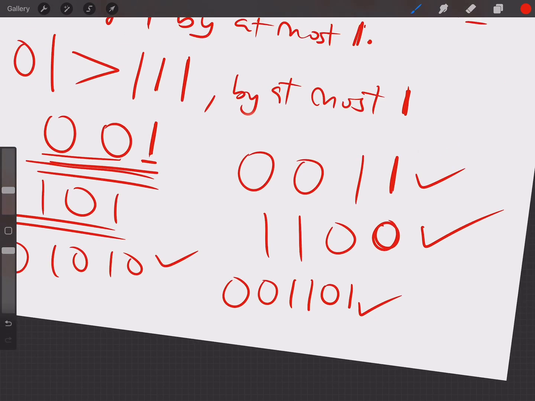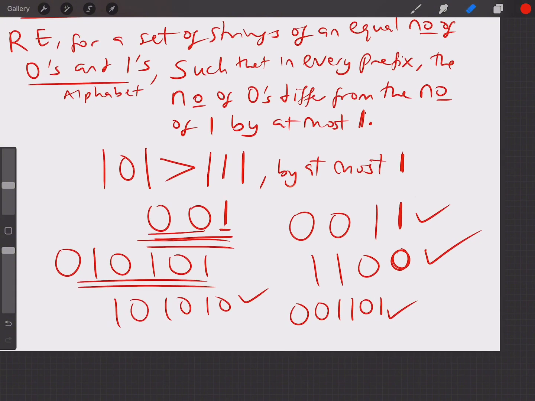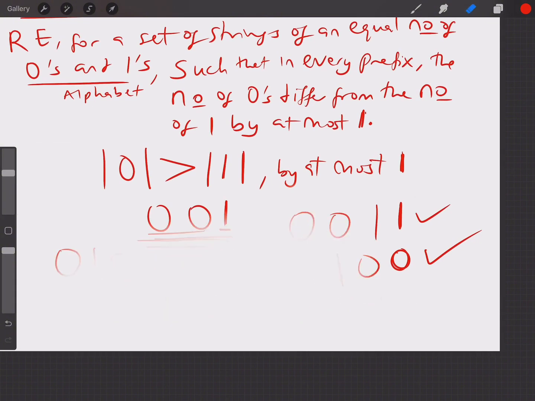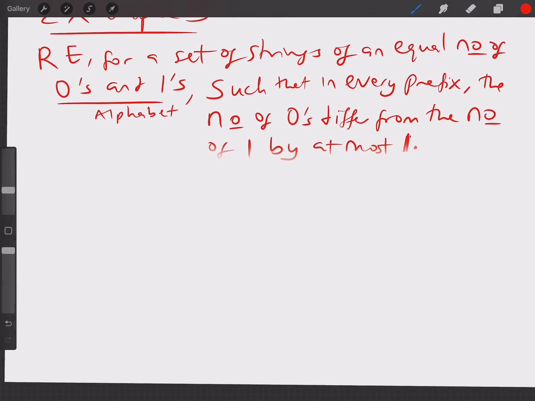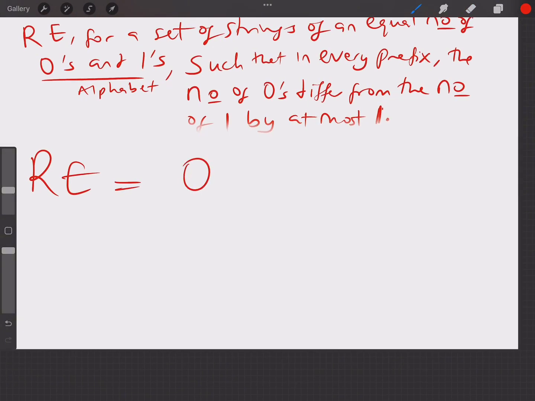So having tested that out, we would want to build the regular expression. All right, so let's go again. The regular expression can be 01 or 10.